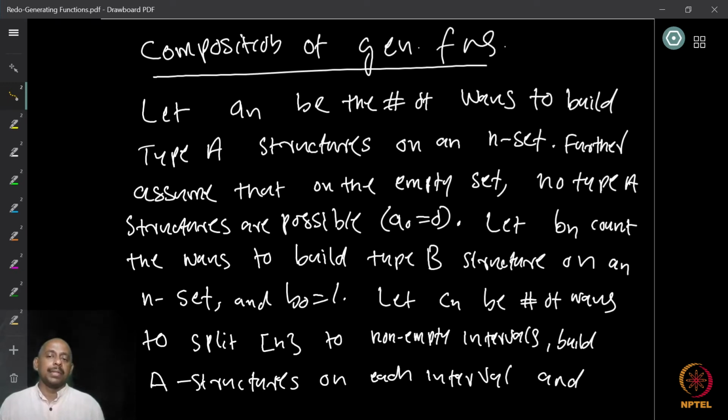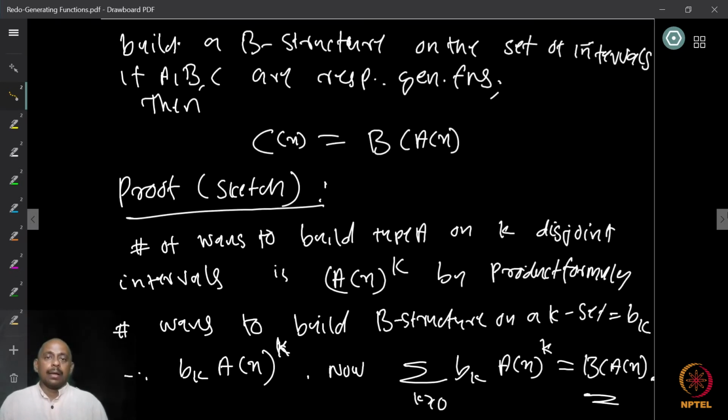Now let Cn be the number of ways to split the set 1 to n into non-empty intervals, and then build, let's say, type A structures on each interval, and build B structures on the set of intervals.